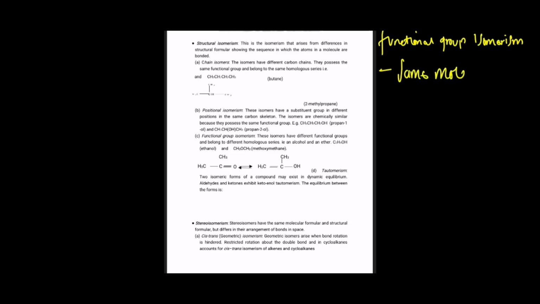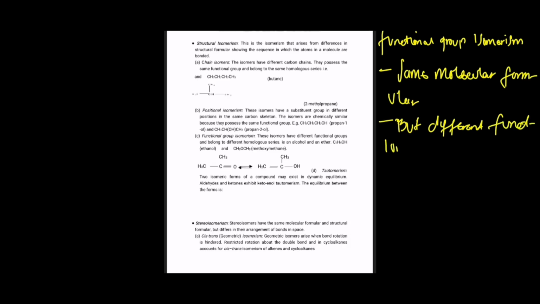With all isomers, they have the same molecular formula, that is the general characteristic of isomers, but here they have entirely different functional groups. Yes, they have the same molecular formula but different functional groups.